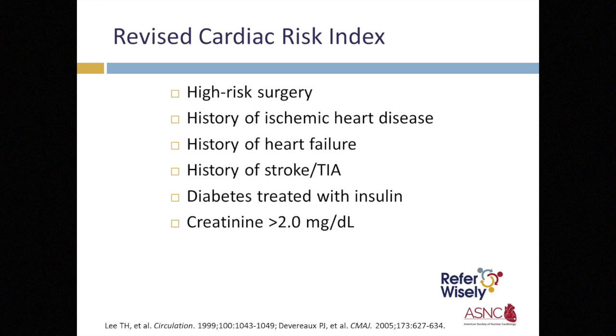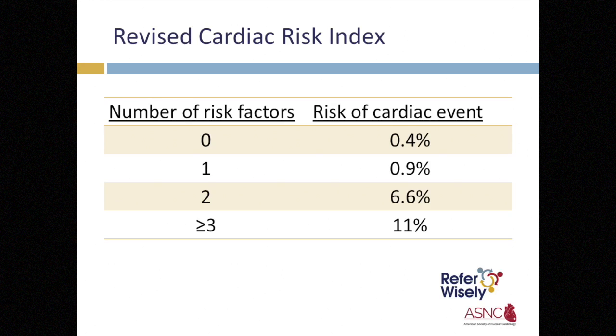These factors include high-risk surgical procedure, a history of ischemic heart disease, a history of heart failure, a history of stroke or TIA, the presence of diabetes treated with insulin, and a serum creatinine greater than 2.0 milligrams per deciliter. Using the RCRI, the risk of a cardiac event increases with the number of risk factors.